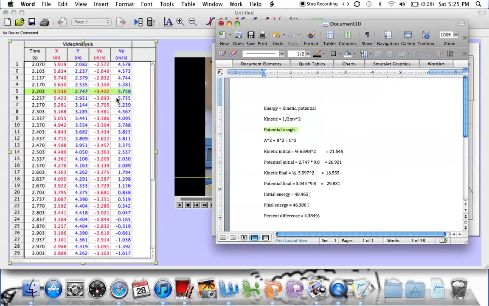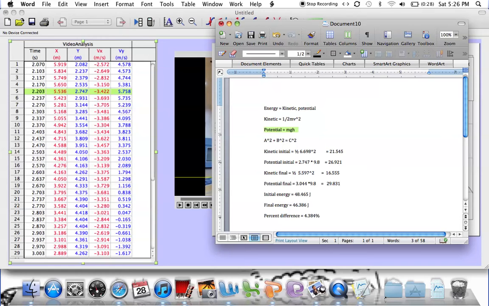Doing this for time 2.203 seconds. Oh, and for all x velocities, I used the average value for velocity as determined previously in the experiment, which was negative 3.152 meters per second.